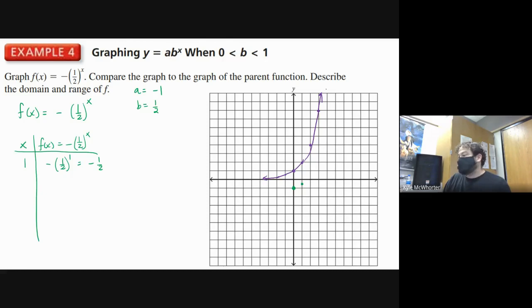Well, kind of. Actually, it's not. Our parent function would just be 1/2 to the x, and I don't want to mess with that right now. But let's just graph this guy. What about when x is 2? We're going to be doing -1/2 squared, which is -1/4. So you can tell we're getting closer and closer to the x-axis as we go to the right.